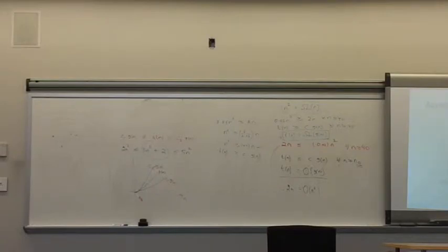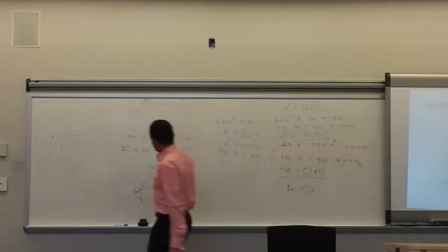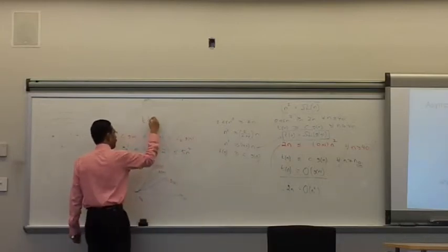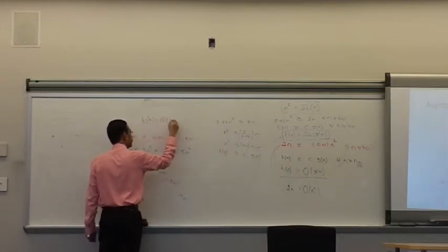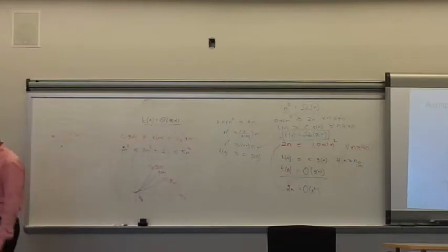You see, it is always in between c1 g of n and c2 g of n after a certain point n0. Okay? So in such cases, we can say t of n is theta of g of n. So the function t of n grows at the same rate as g of n.